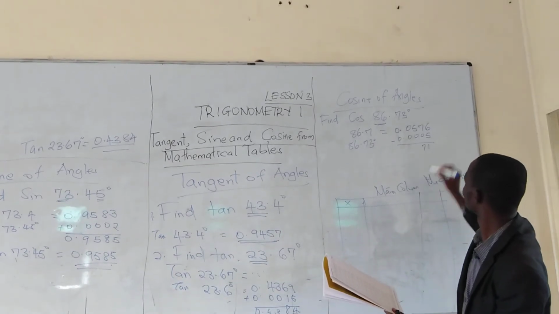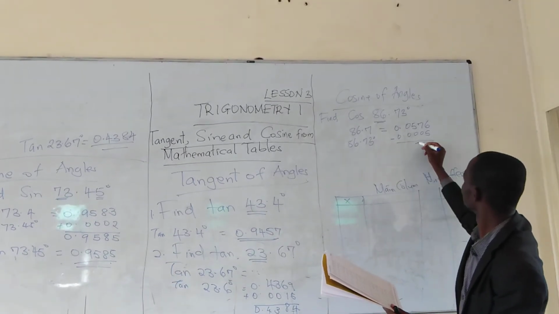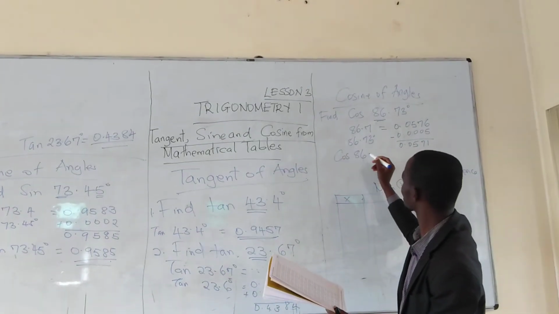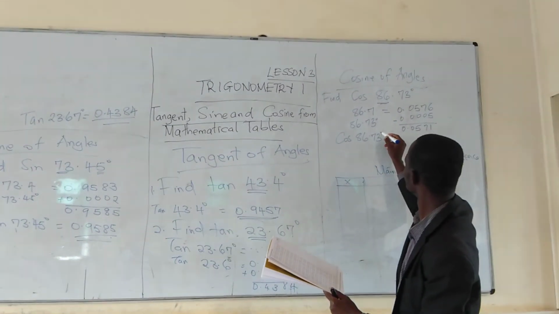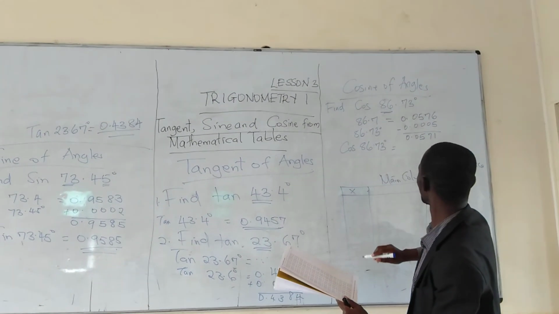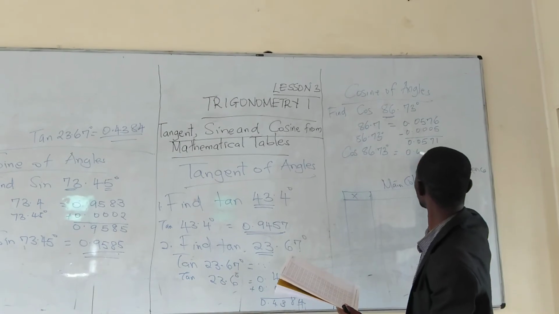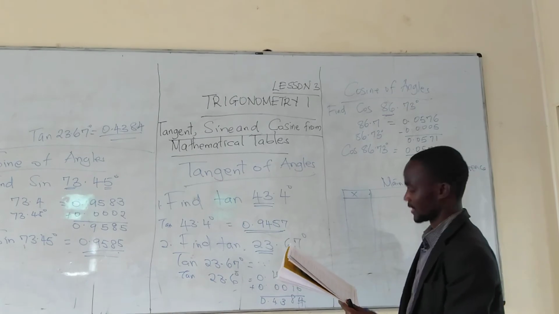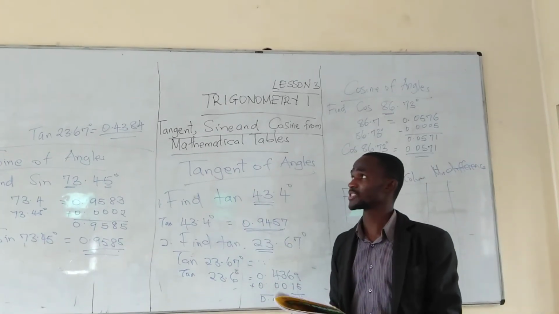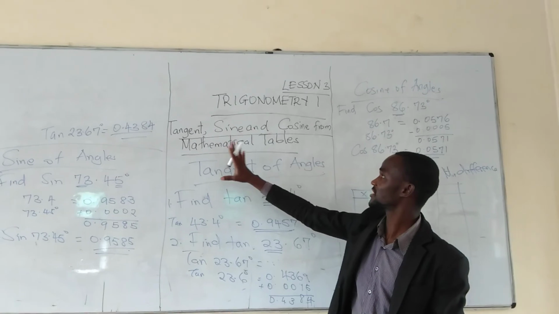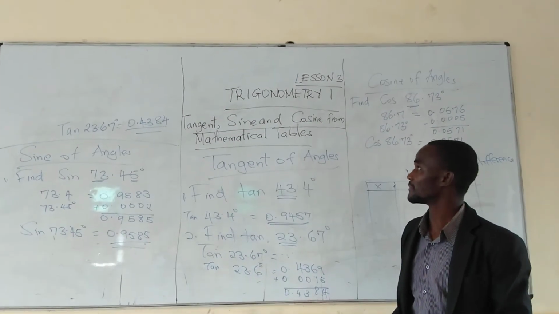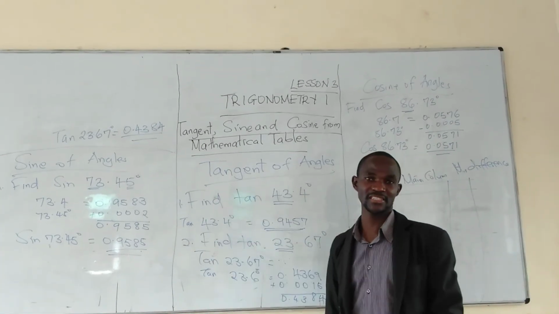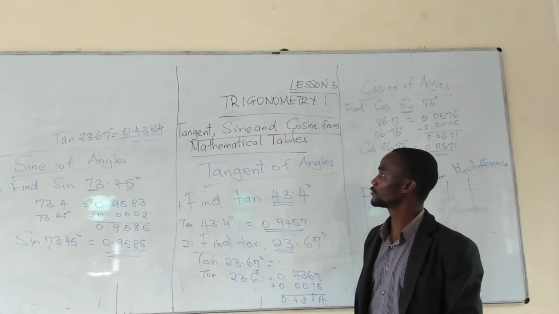So cos 86.73 degrees will be equal to 0.0571. So basically, that's what entails getting tangent, sine and cosine from mathematical tables. Something that is not new to you.